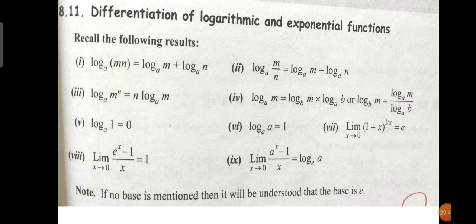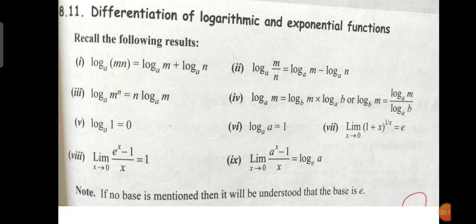We can derive that using these equations or results. Log to the base a of mn is log m to the base a plus log n to the base a. The base is not pronounced, you just read it as: log of mn is log of m plus log of n, and log of m by n is log of m minus log of n.